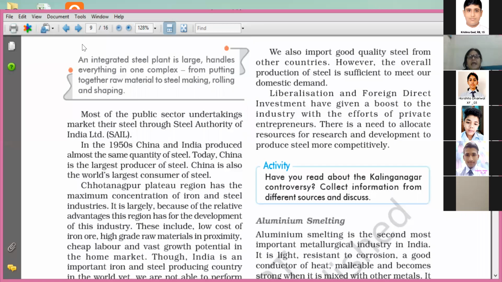The making and giving different shape to the steel that we produce is all done in one complex. Whereas in a mini steel plant, the making of the steel is done in a furnace, then we have rollers to give different shape to it. So these two things are done separately. But in integrated steel plants, everything is done in one complex. I hope it is clear to all of you.